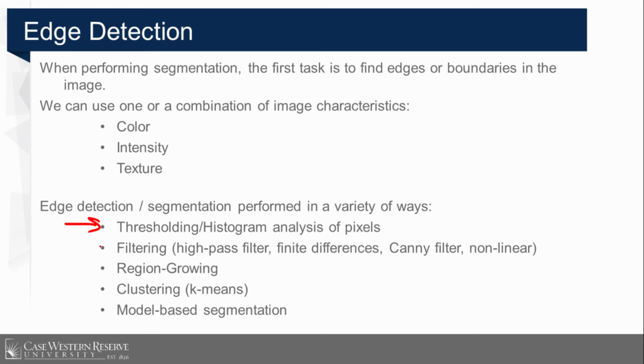And this you've seen in some of the text portions. There's also a lot of other different algorithms, including region growing, clustering, and model-based segmentation, which we aren't going to talk about. But these are active areas of research because people are still working on different methods of segmentation, which can be used to automatically process our images so that we don't have to go through them one by one.